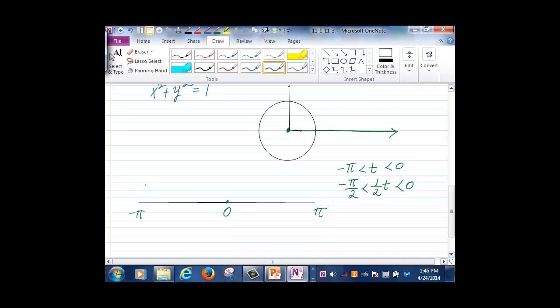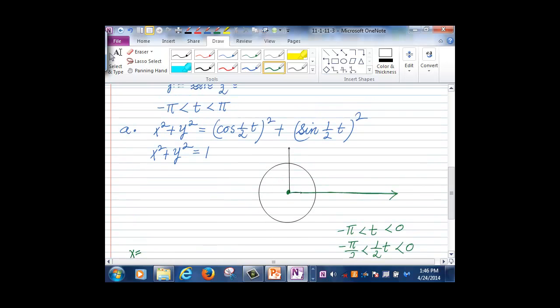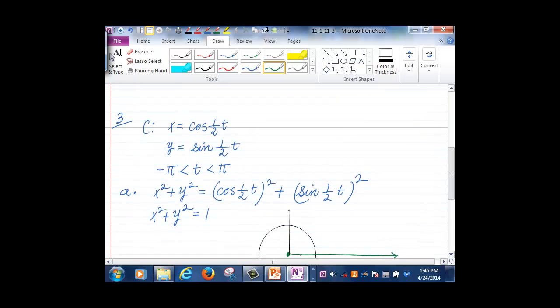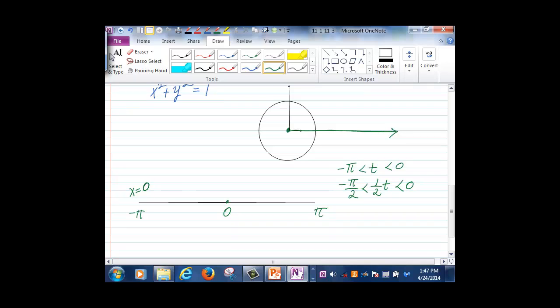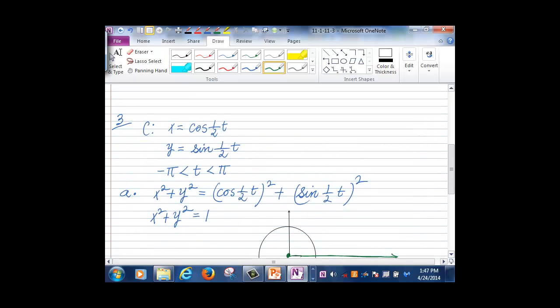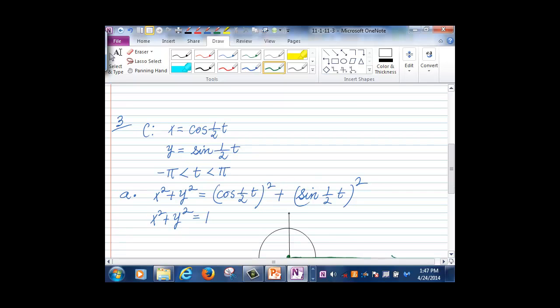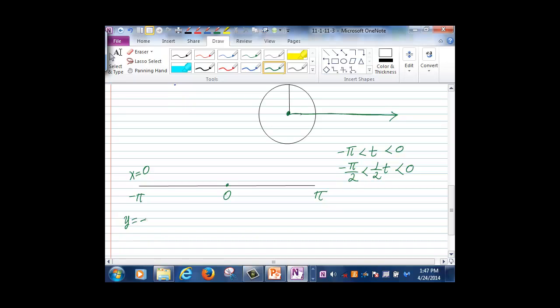Then how does x behave? What is the value of x when t is negative pi? When t is negative pi, x is cosine of negative pi over 2, which is 0. And what is the value of y? Y is sine of half t, so when t is negative pi, you get negative 1.